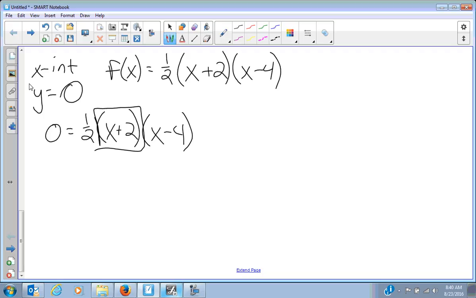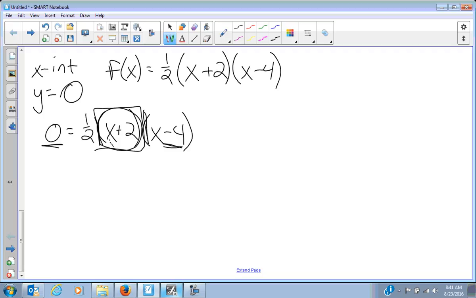Because you'd have 1/2 times 0, which is 0. And 0 times, I don't care what number this turns into, would be what? So if I figure out what x makes this bubble 0, the whole thing would become 0, which is what I want. Are you with me?